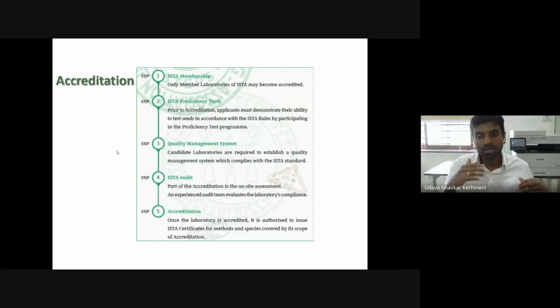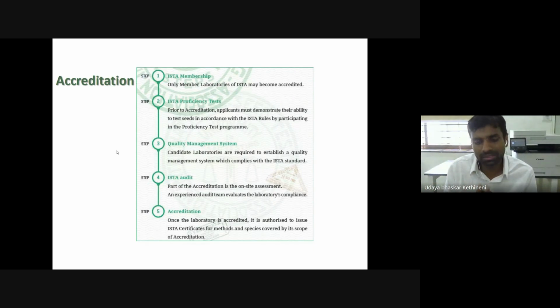But the thing is, once your laboratory is accredited, you can issue certificates, either for your own consignment or for any private party. They can request you to please sample and test their lots so that they can export them. You can generate a huge amount of money that way.